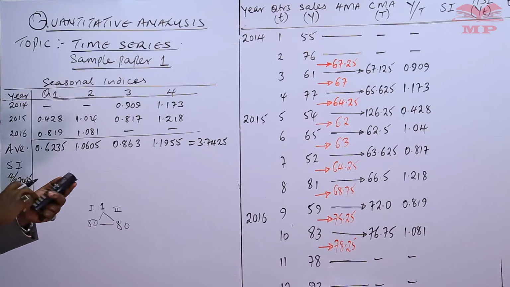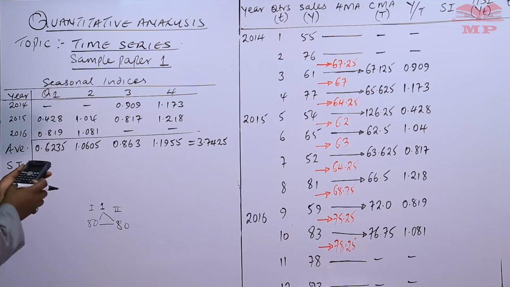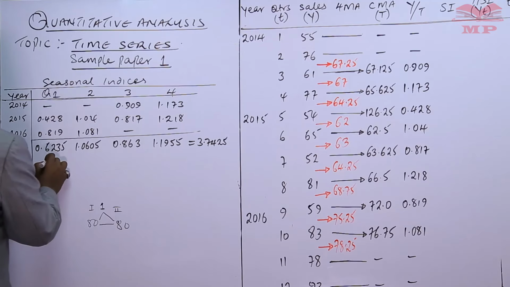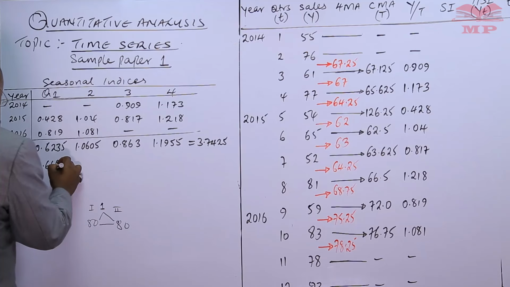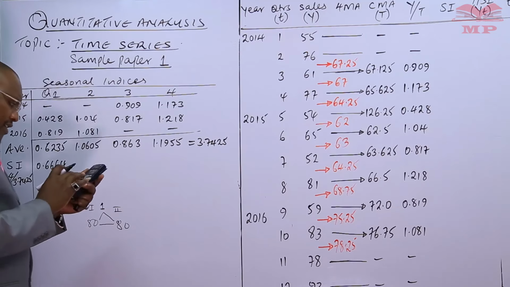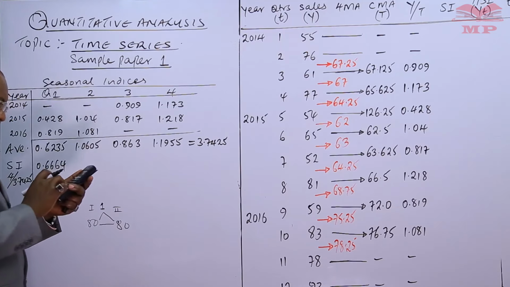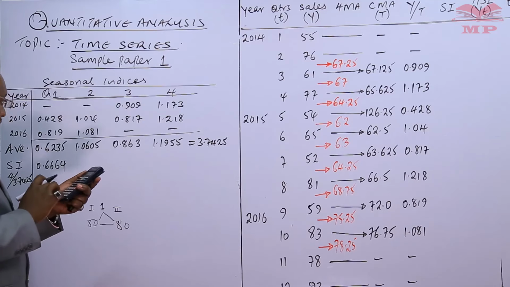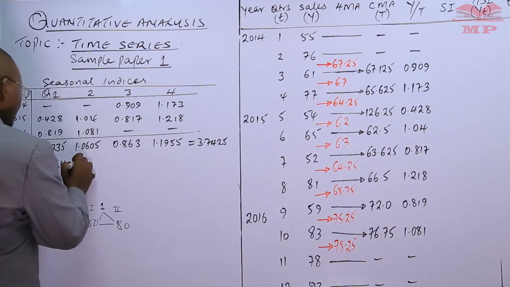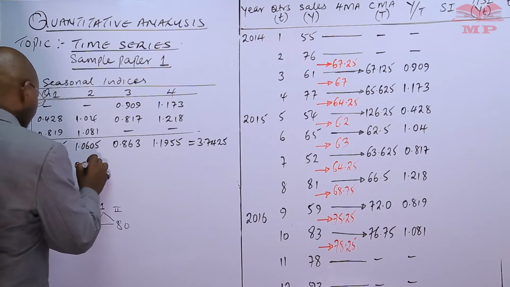So you're going to have 4 divided by 3.7425, and you multiply it by each index. 0.6235 we can have as 0.6664. Then 1.0605 we have as 0.70.